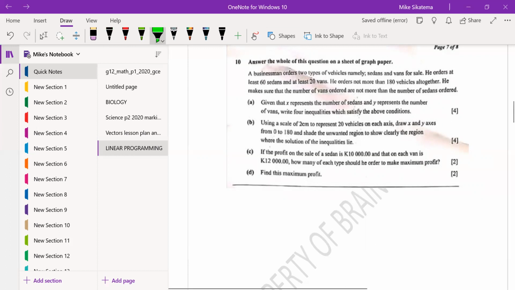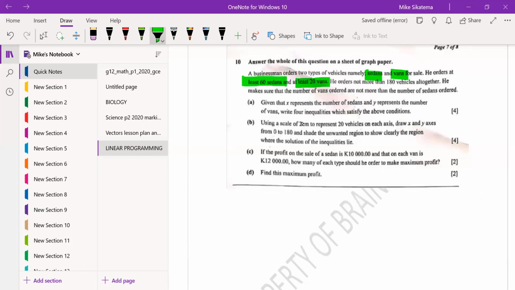So here, the question says we have a businessman who has 2 types of vehicles, namely sedan and van, for sale. He orders at least 60 sedans. I'm not so good at these vehicles, but when they say at least 60 sedans and at least 20 vans, it means the minimum has to be 60.